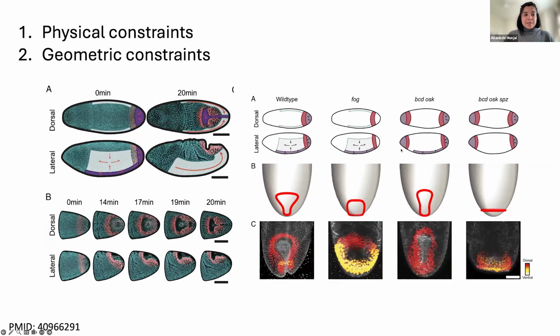The authors show that this hindgut grows anteriorly during gastrulation, and it has what they call a keyhole shape. This keyhole shape essentially can be defined with a minimal model in which shape changes emerge from forces exerted by these actively remodeling tissues.